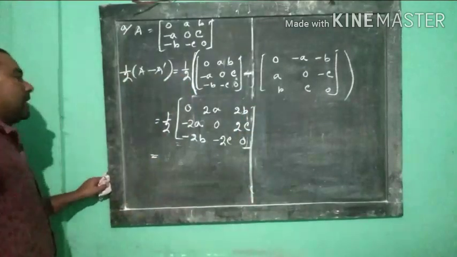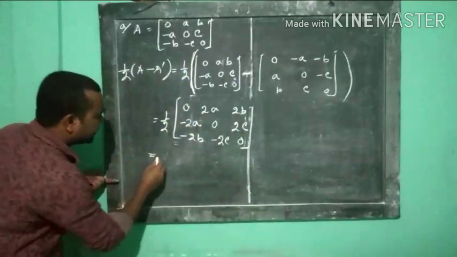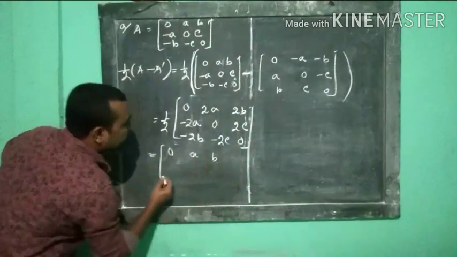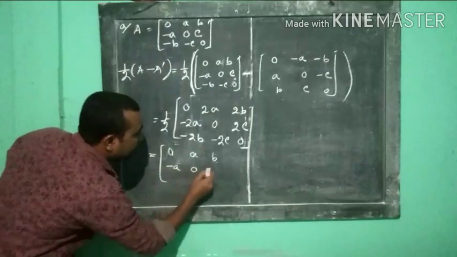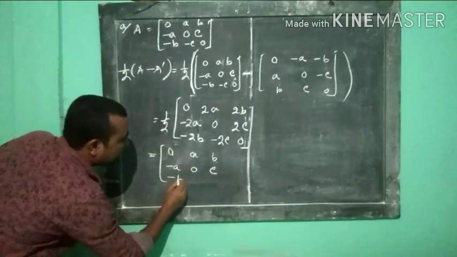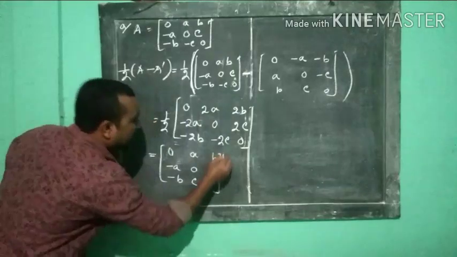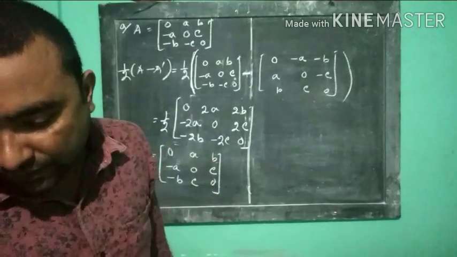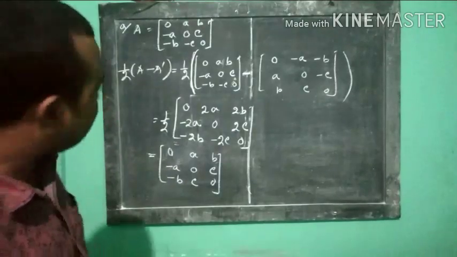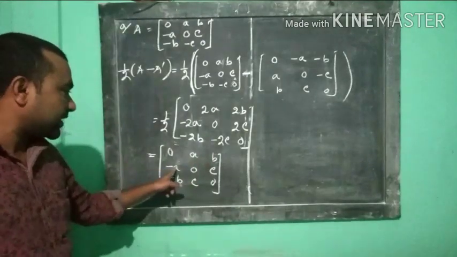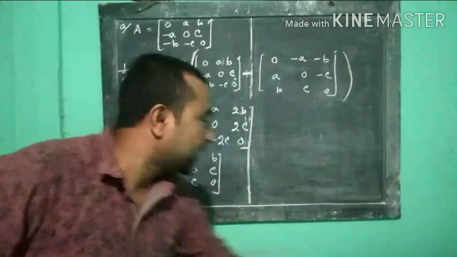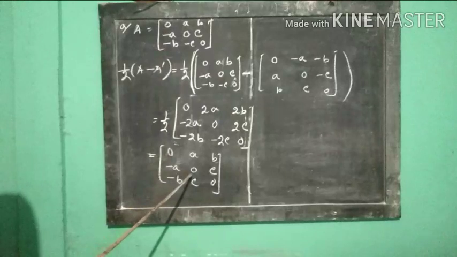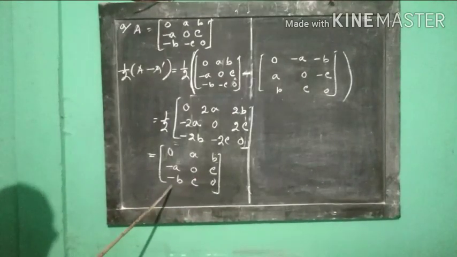If we divide each term by 2, then we get 0, A, B; minus A, 0, C; and minus B, minus C, 0. Then half of A minus A transpose is 0, A, B; minus A, 0, C; and minus B, minus C, 0.